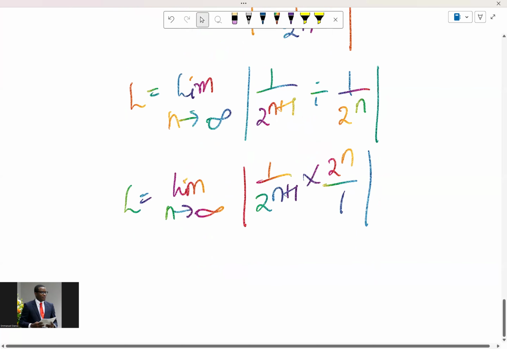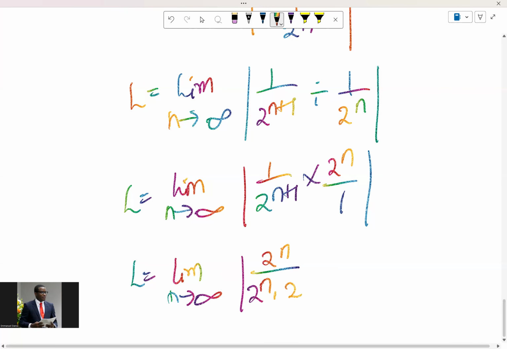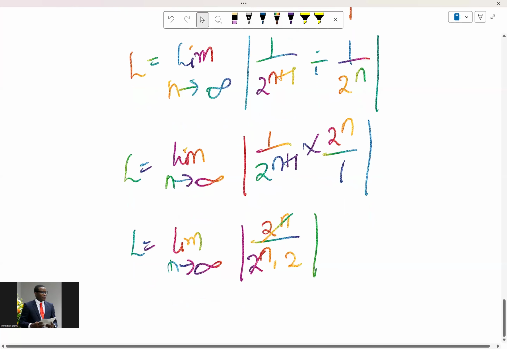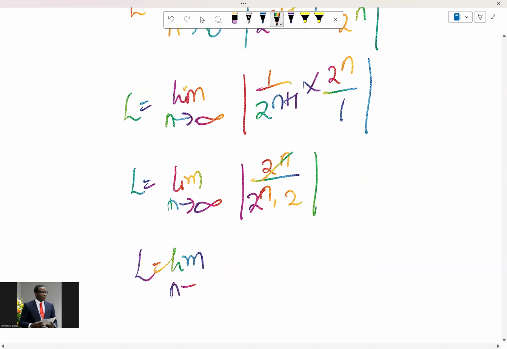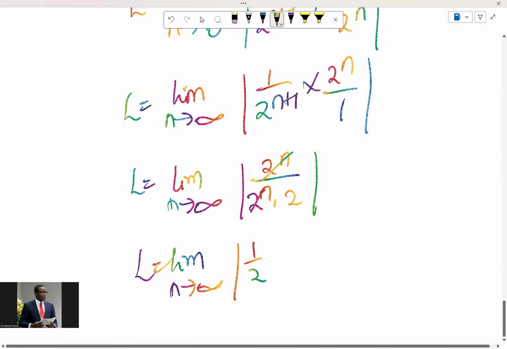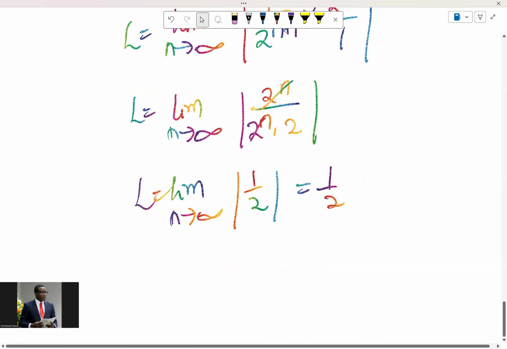So this is 2^n times 2^n times 2. This cancels out, and we end up having L to be the limit as n goes to infinity of 1 over 2. That's simply 1 over 2 because n is no longer part of that expression. So L is 1 over 2.